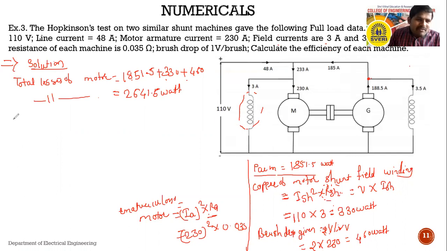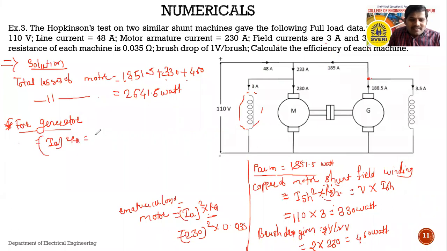Now similarly calculate the losses of the generator. So right here for the generator, these are the variable losses. Those we calculated are the variable losses. See, for the generator, again the same: armature copper loss of the generator formula is IA square RA.